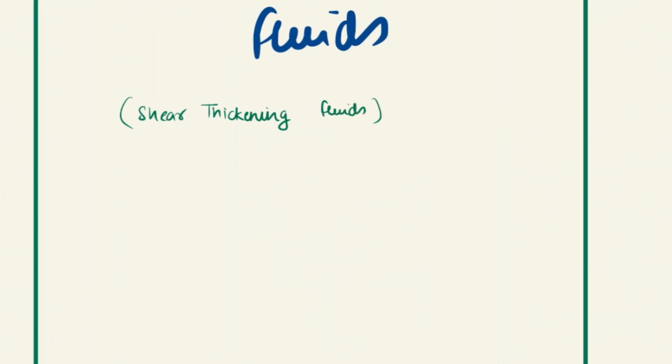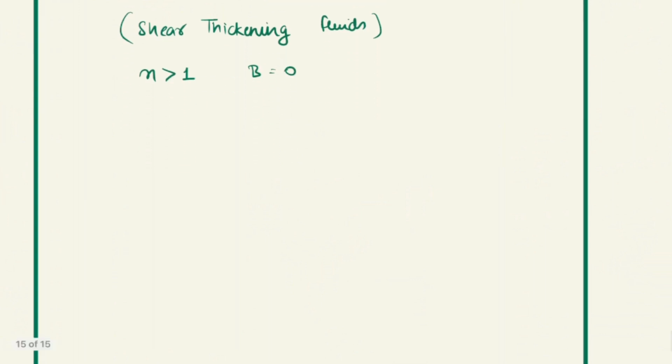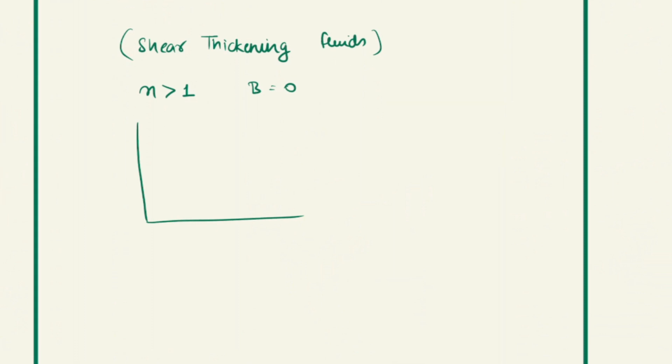The pseudoplastic fluids were shear thinning, these are shear thickening. Here the value of flow behavior index is going to be greater than 1, whereas b is equal to 0. The graph would look something like this. So we can see the value of slope is increasing, hence these are shear thickening fluids.